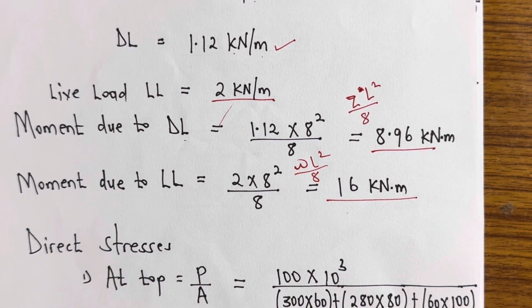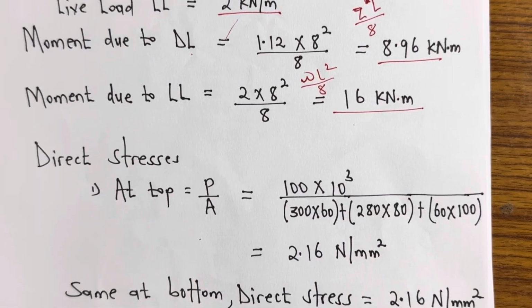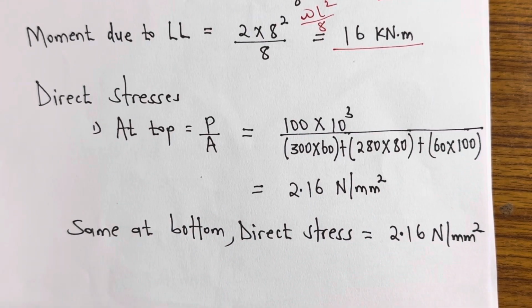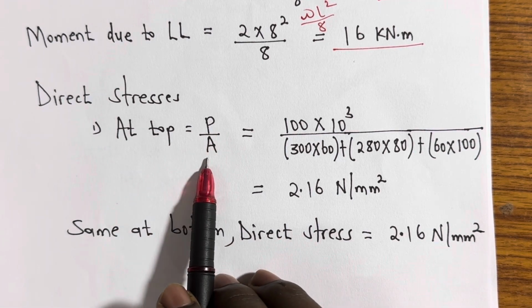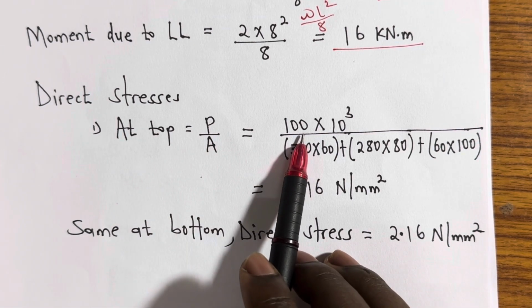The unit is important. Now let us go as far as calculating the stresses that this I section beam will experience. Starting from the direct stresses, at the top, it is P divided by A. Now, P is given, the prestressing force is given as 100 kilonewton.